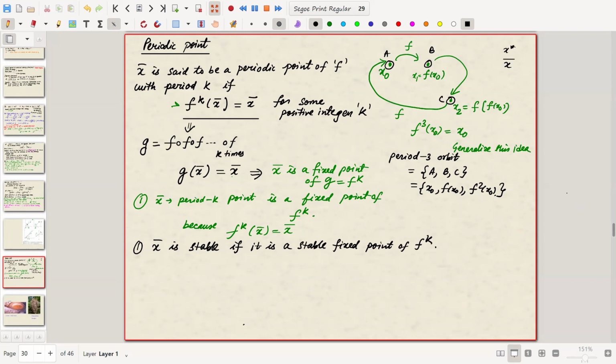Okay. Now, how can you see this? That means you have to compute the derivative of f^k at x star, and that should be less than 1 in absolute value. How will you get this?